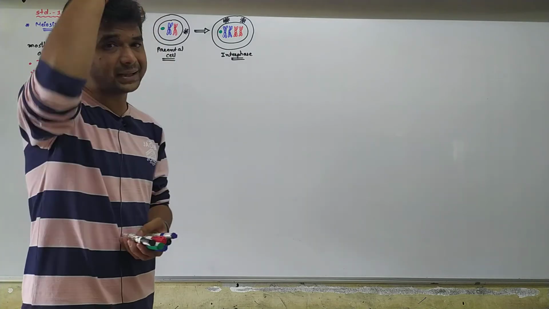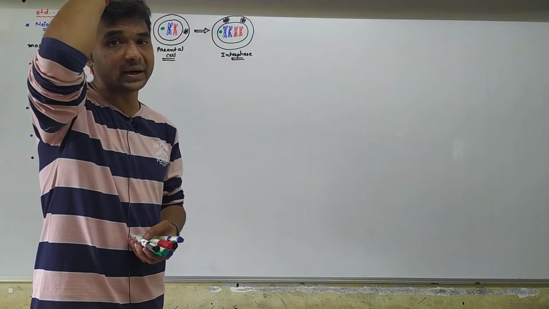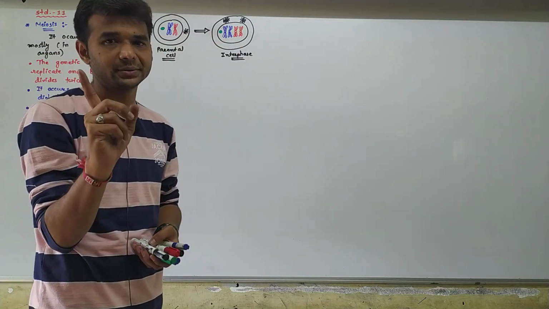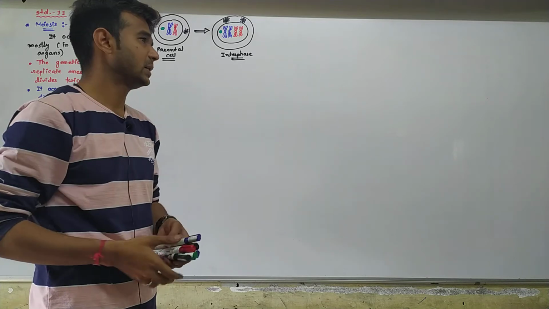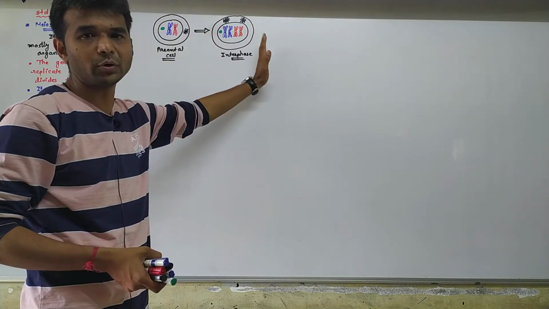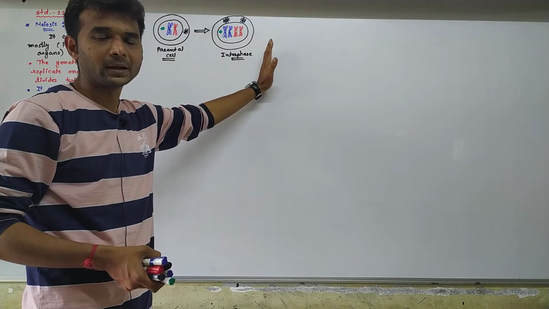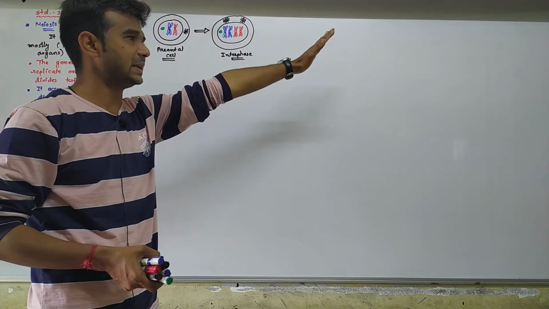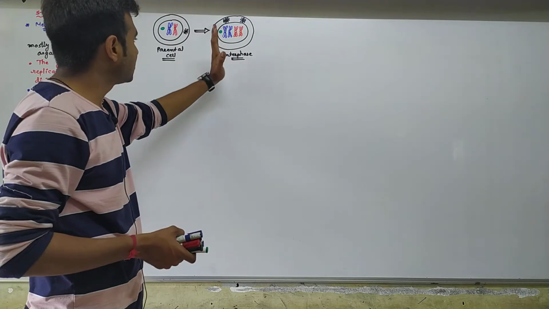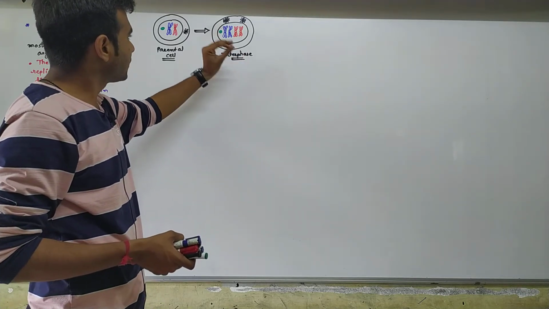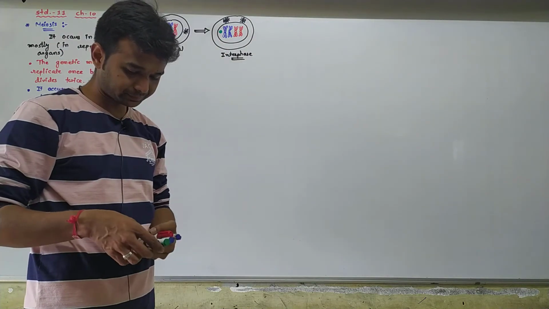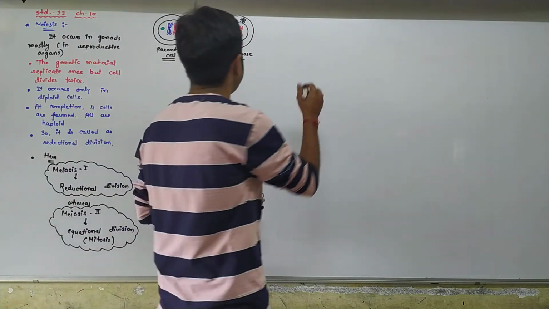Now we are entering meiosis 1. From here onwards a little bit of change occurs. Whereas in mitosis it undergoes prophase, then metaphase, anaphase and telophase, similar thing is here, but now from the interphase stage we are entering the meiosis 1 phase.